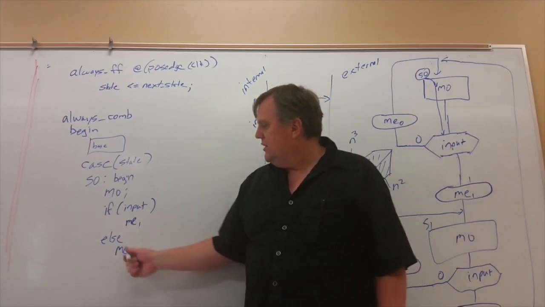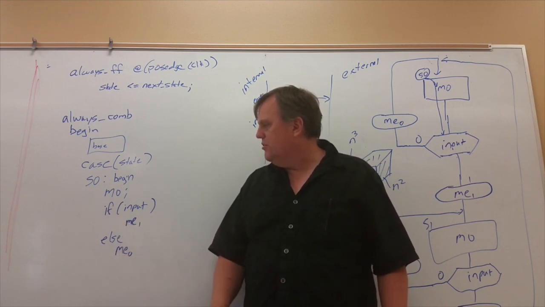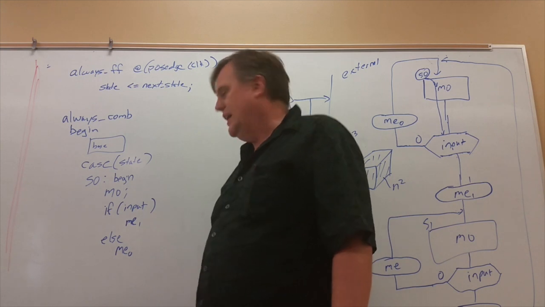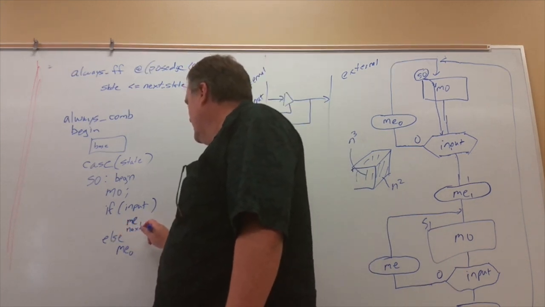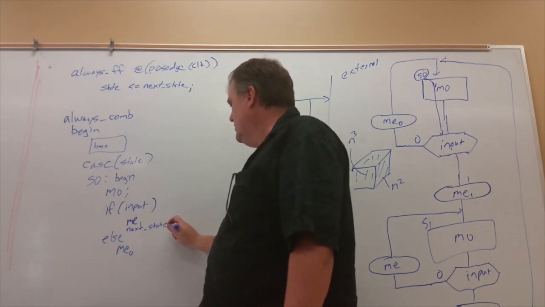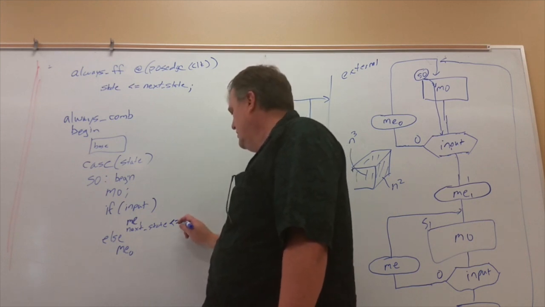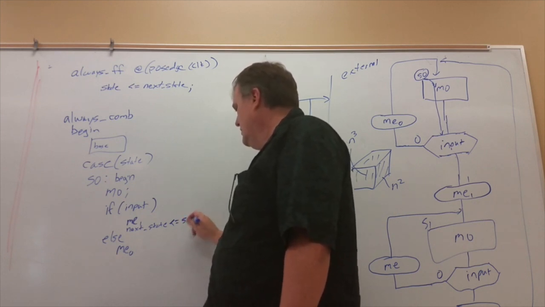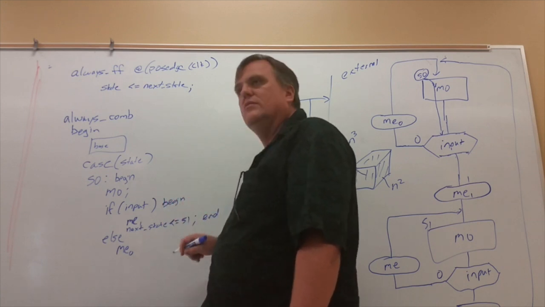Now, that gives me my Mealy outputs. What's the other thing that happens there and theoretically here? That's at my next state. And what is my next state for 1? And then you obviously have to put a begin, end.